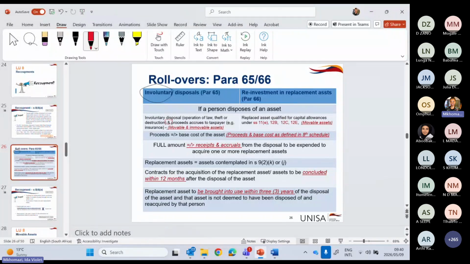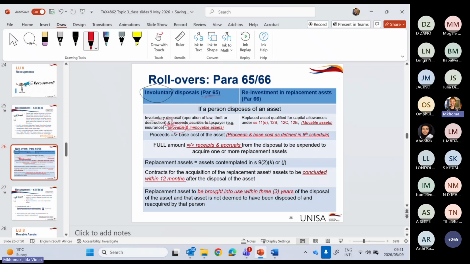And important to note that the proceeds need to accrue to the taxpayer. So for instance, if there's proceeds that the taxpayer has received from an insurance company as compensation, then they need to accrue to the taxpayer. So there's two requirements for involuntary. It's an involuntary disposal and the proceeds need to accrue to the taxpayer. And also note that paragraph 65 applies to both movable and immovable assets.